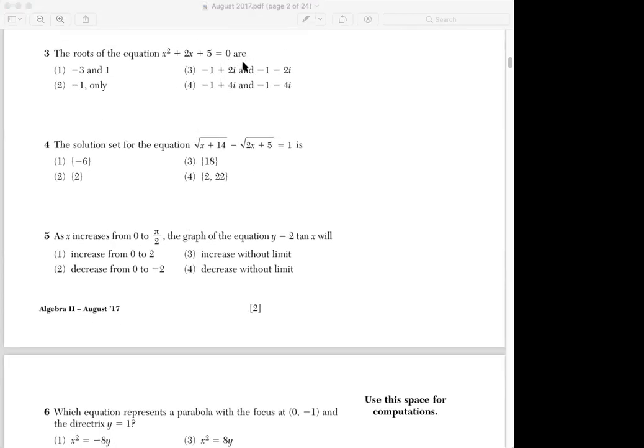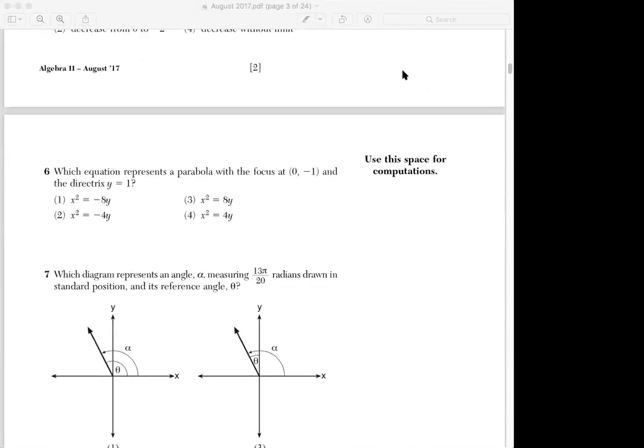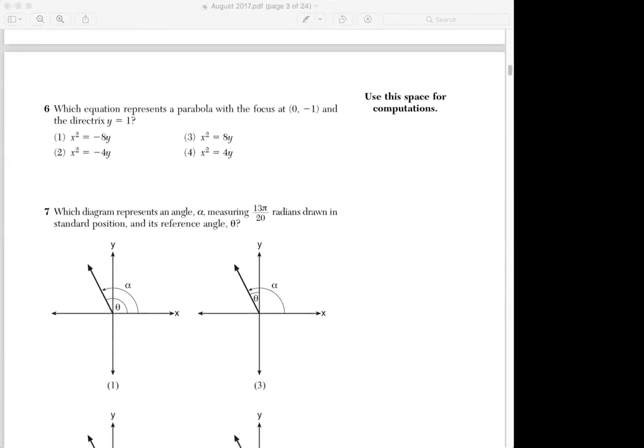4, what do you do? You just plug these in. Plug that in, see if it works. Plug this in for x, plug these 2 in, see what works. Bam, that's another one. This one, we don't know how to do, although you can probably put it in the calculator and figure it out, but I'll teach you guys that one in more detail. 6, focus directrix.